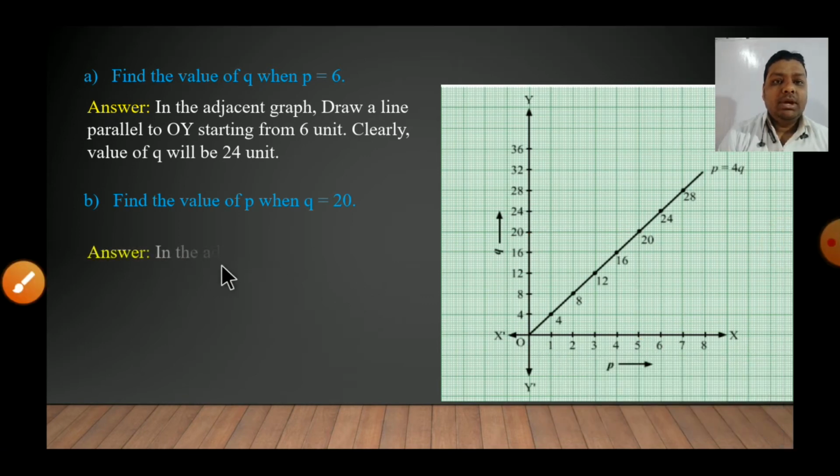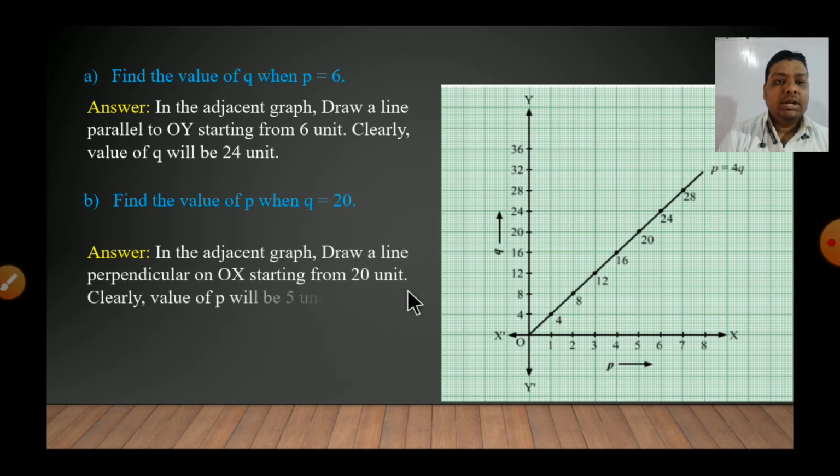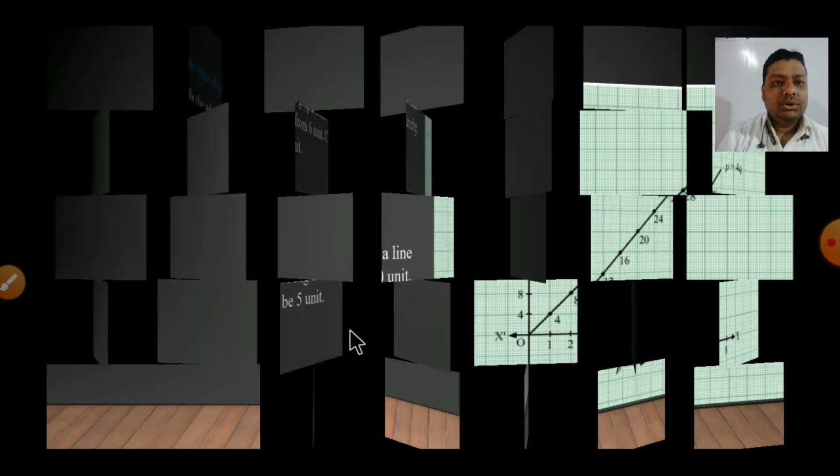Same here, I have written in the adjacent graph: draw a line perpendicular to OX starting from 20 units. Clearly the value of p will be 5 units. So like this we can get the values by drawing the graph. Okay students, now let's move to the next question.